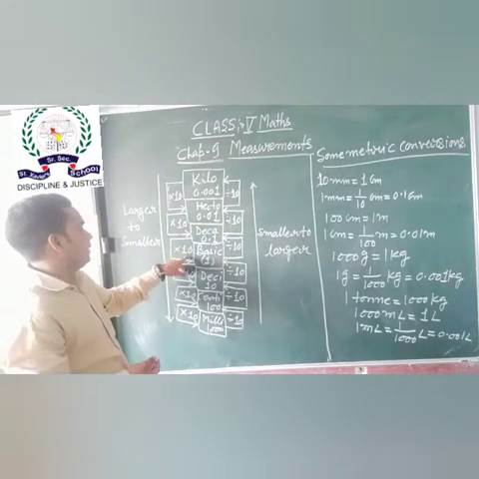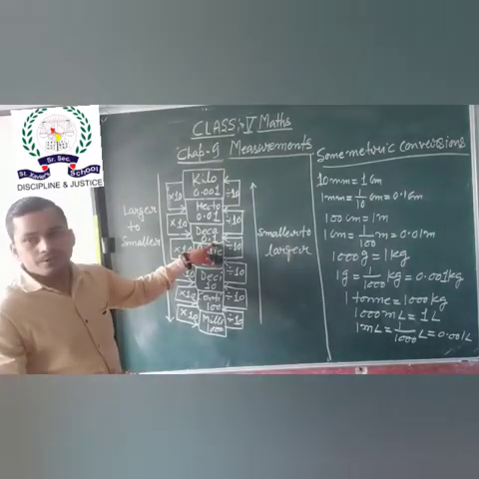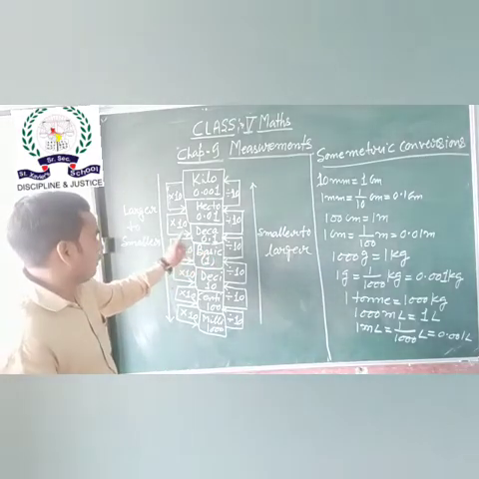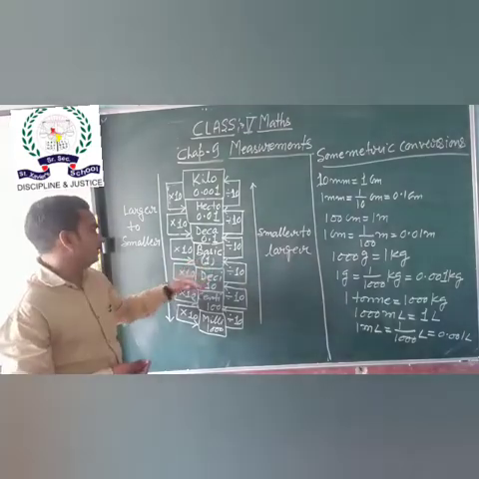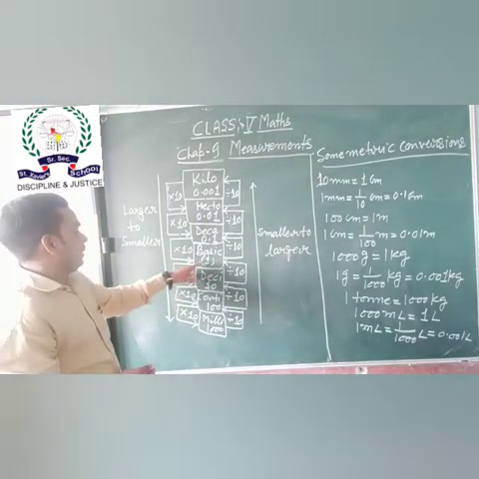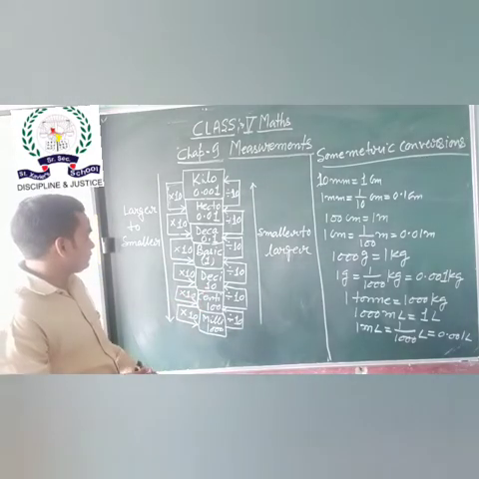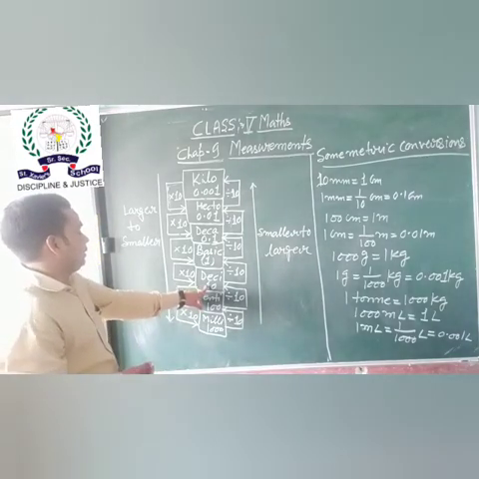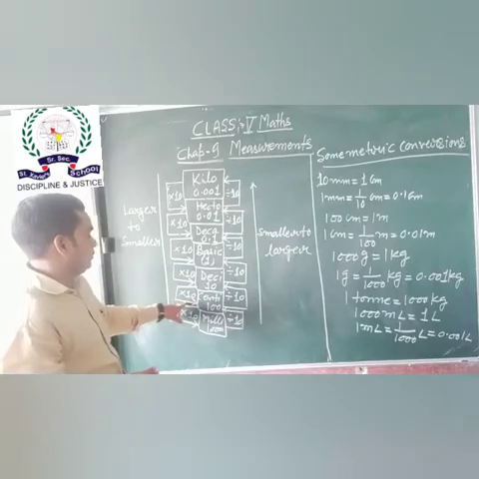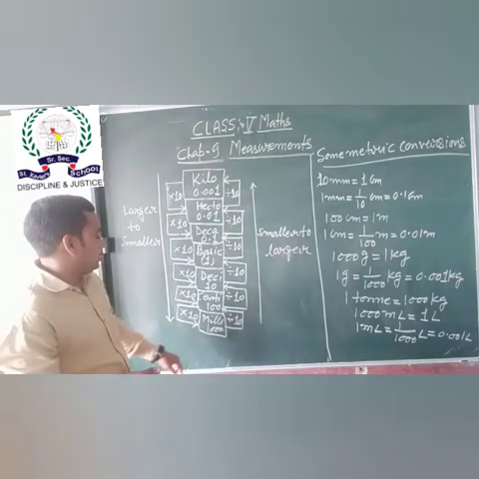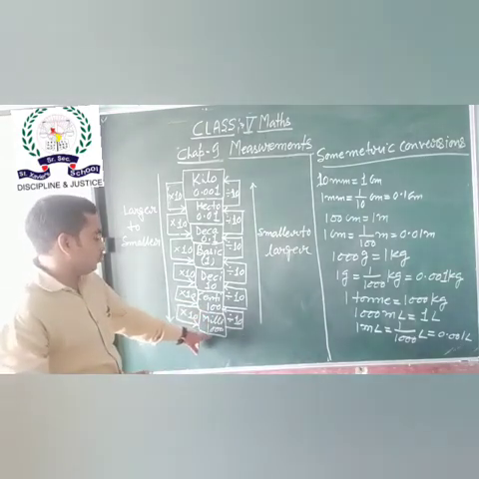Again multiply by 10, 0.1 multiplied by 10, we have 1, that is the basic unit. Then 1 into 10 equals 10, so deci. Then 10 into 10 is 100, that is centi. And 100 multiplied by 10, we have 1000 milli.